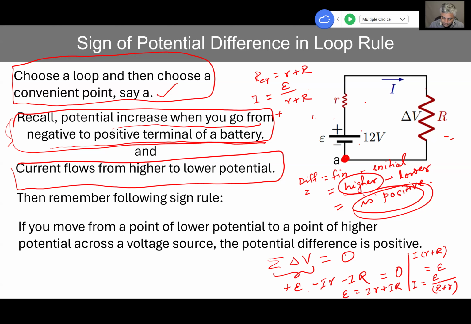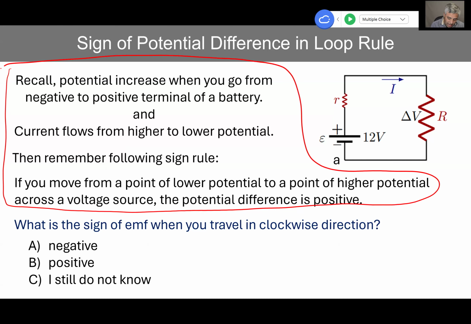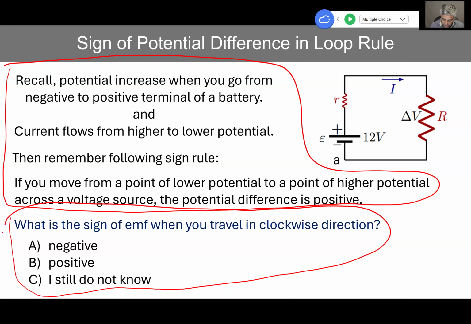So now I think I have a question for you. So see, these things are still there for your reference, but I added this question. What is the sign of EMF when you travel? Oh, clockwise was already there. I already assumed clockwise.